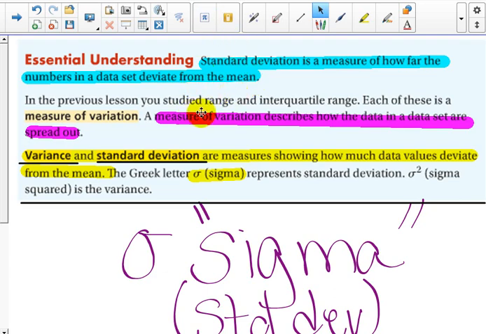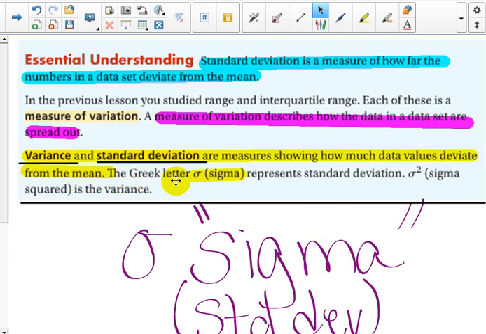So in the previous lesson, we studied range and interquartile ranges with the box and whisker plots, right? Each of these is a measure of variation. A measure of variation describes how the data in a data set are spread out. Okay, so variance and standard deviation, I've underlined here, are measures showing how much data values deviate from the mean.